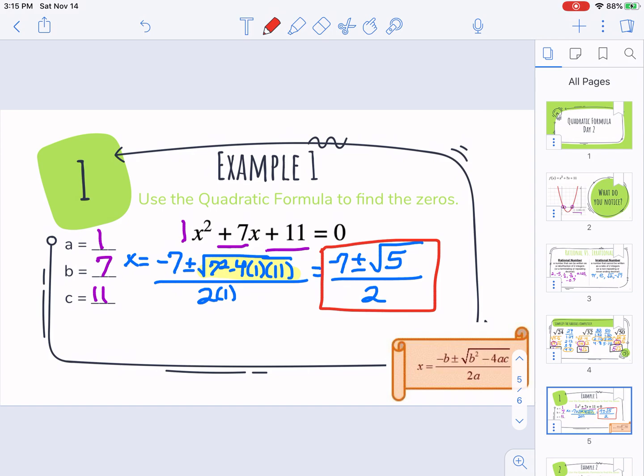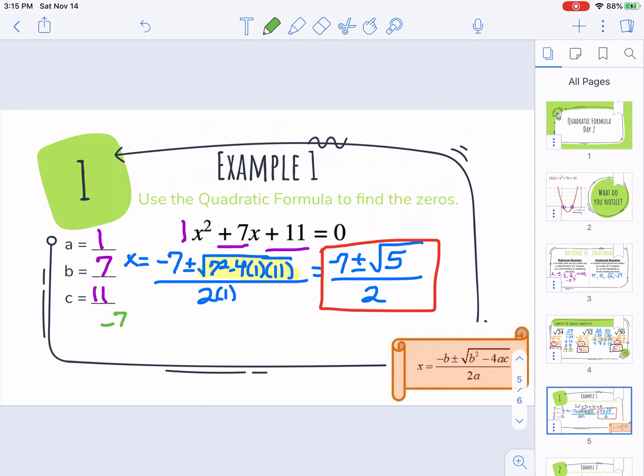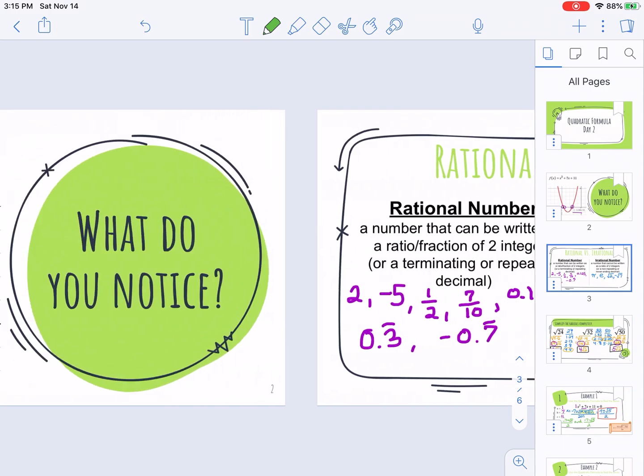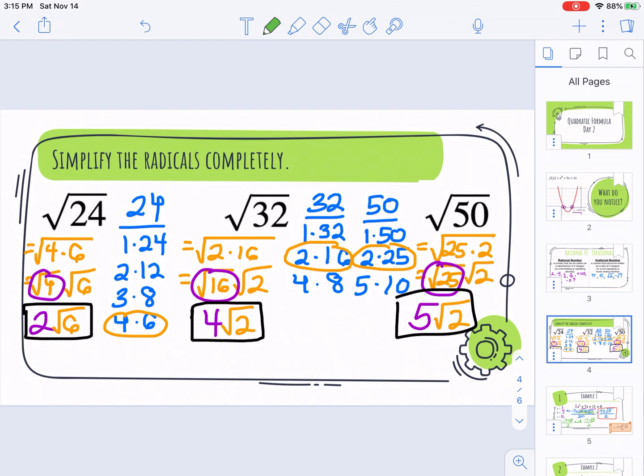So we can break that up if we wanted to see both of the solutions: negative 7 plus square root of 5 divided by 2 and negative 7 minus square root of 5 divided by 2. If you type both of those into the calculator, you would get negative 4.618 and negative 2.382 with lots of decimals after that. So these are the exact solutions.